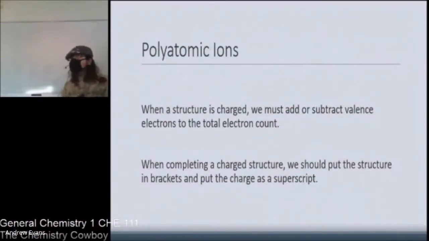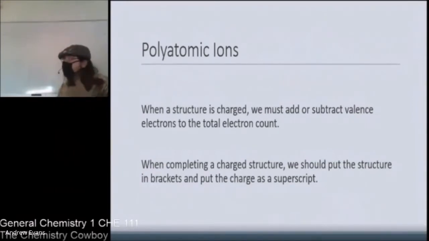All those were considering just neutral compounds. So how will we deal with ions? These polyatomic ions. Well, ions are not by necessity any more difficult than what we have, because what does an ion essentially entail?